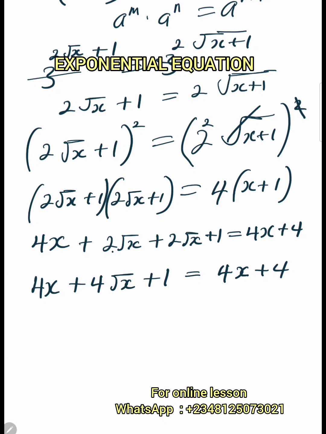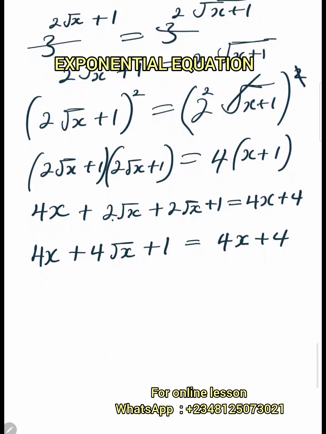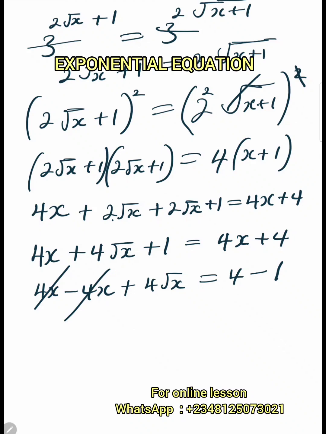We're having 4x here and this 4x here can just cancel out. We can say 4x, then take this one to this side, minus 4x, then plus 4 root x equal to, then this one, take it to the other side, becomes 4 minus 1. Then this one and this one is gone. So we can now have 4 root x equal to 3.